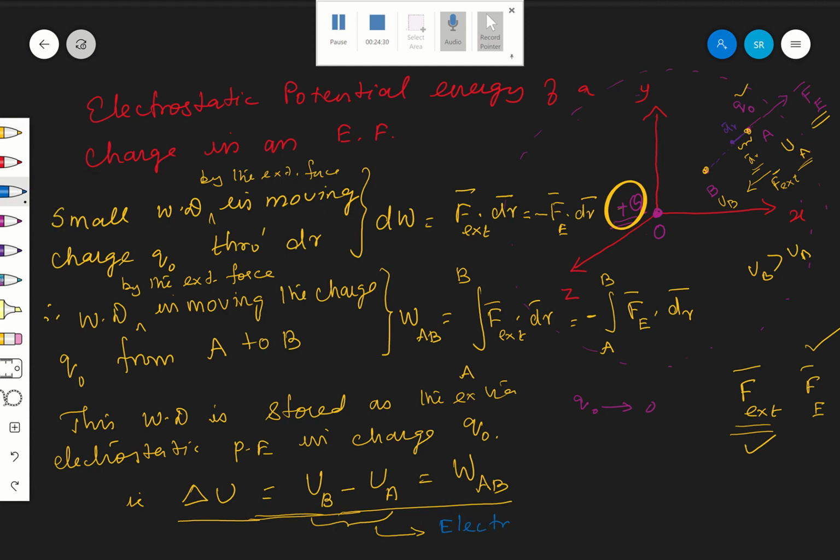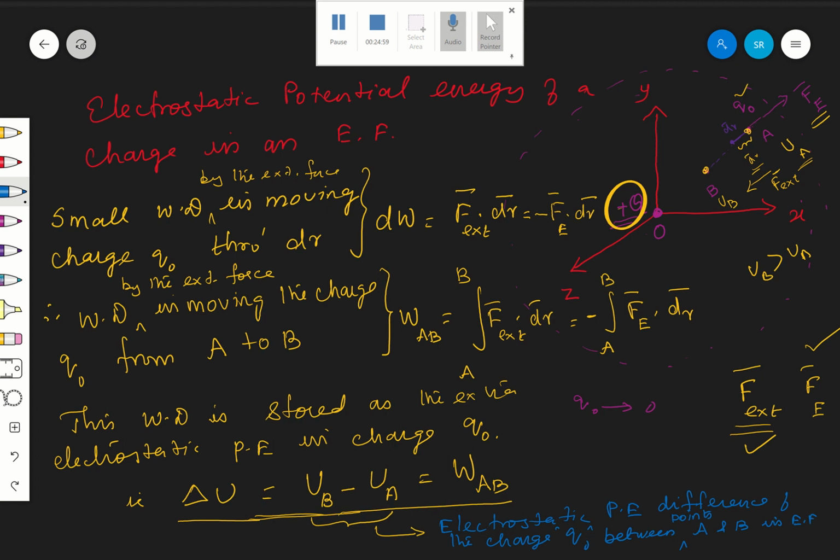It is nothing but the electrostatic potential energy difference of the charge Q naught between points A and B in the electric field.